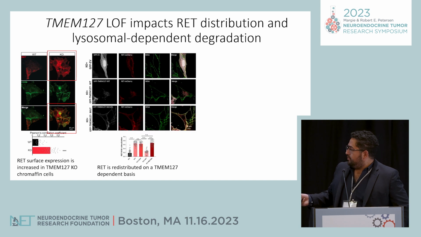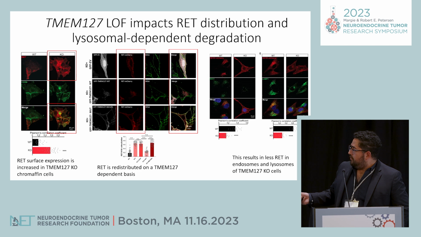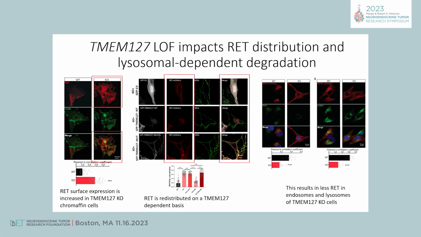And we showed that this was reproducible in a different cell model, HeLa cells. And further, we showed that reconstituting these cells with a wild-type TMEM recovered RET's wild-type distribution, but another mutant TMEM failed to rescue the effect.